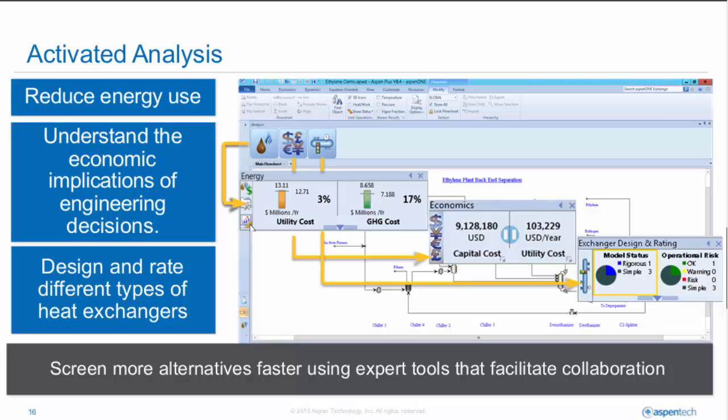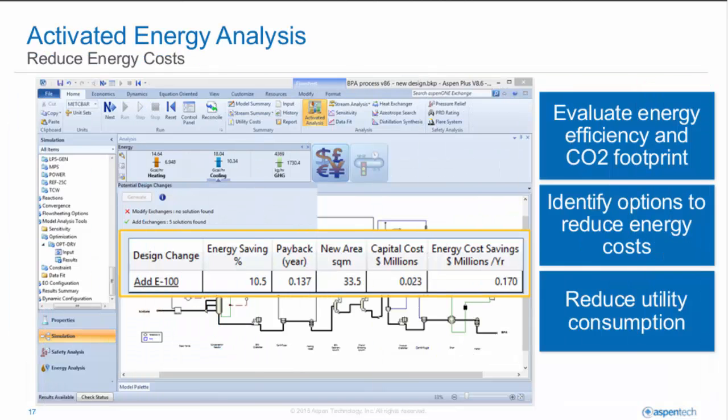It also helps process engineers collaborate with mechanical engineers who do the exchanger sizing and mechanical checks, as well as estimators that would take on the preliminary relative cost estimate and generate a higher fidelity, more detailed and thorough cost estimate.